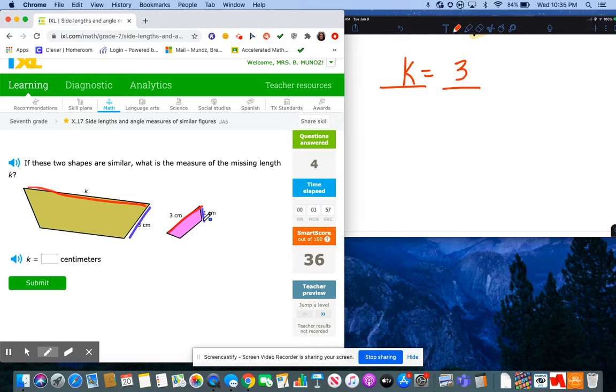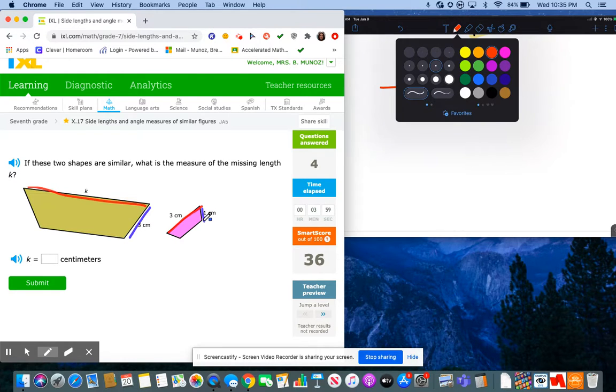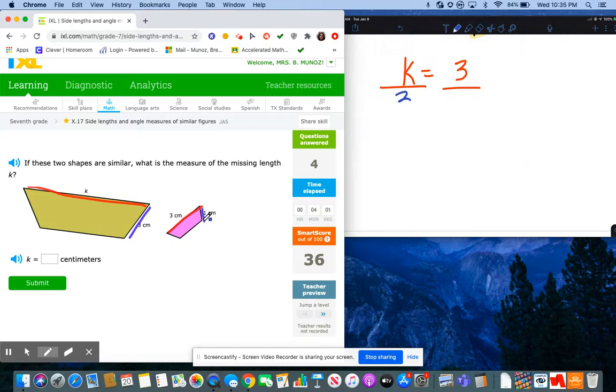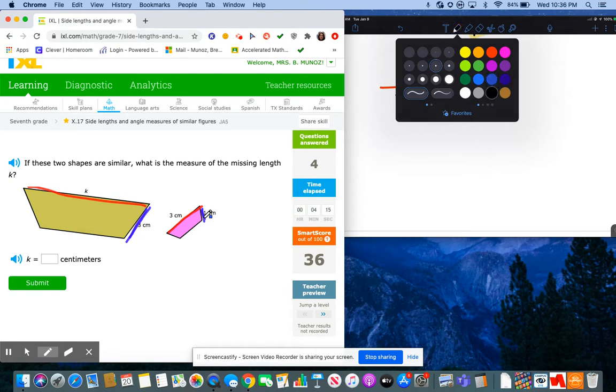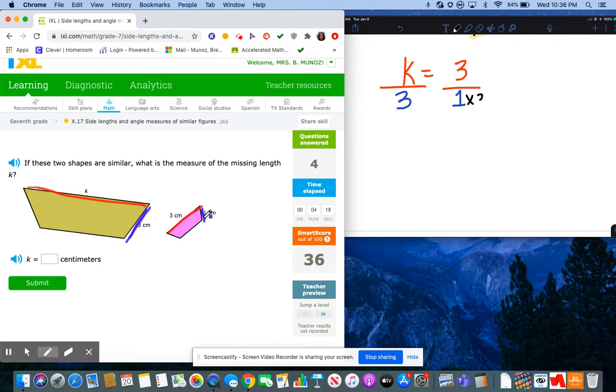So under K, I'm going to write 3, this 3 right here. And then under the 3 on the other side, I'm going to write 1. To solve this proportion, 1 times 3 gives me 3. So 3 times 3 will give me 9. So K equals 9. So we're going to type it here.